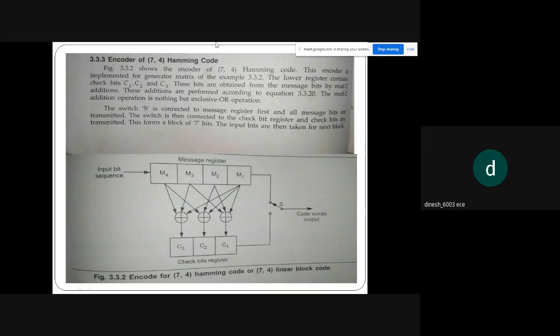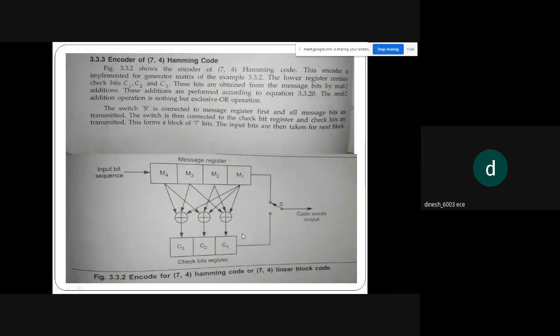Then from the Hamming code itself we can find Q easily, which is the number of check bits. The number of check bits Q is n minus k, so 7 minus 4, we get 3.